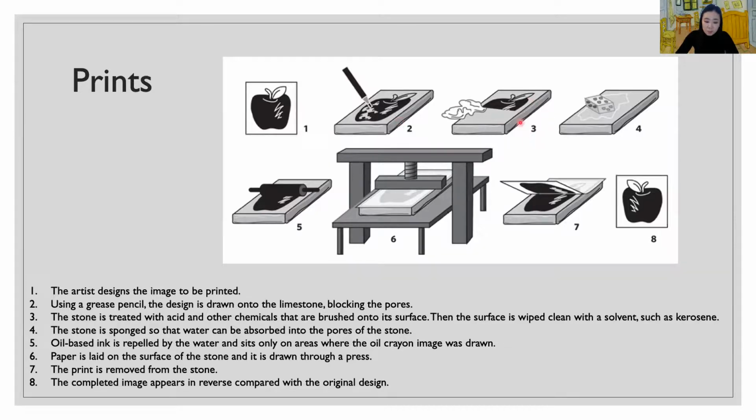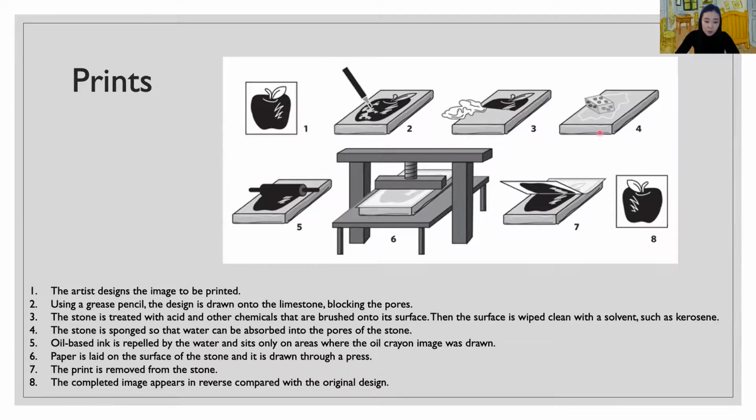And number 3, the stone is treated with acid and other chemicals that are brushed onto its surface. Then the surface is wiped clean with a solvent such as kerosene. The acid is not for depression, just to make a chemical effect on the plate.